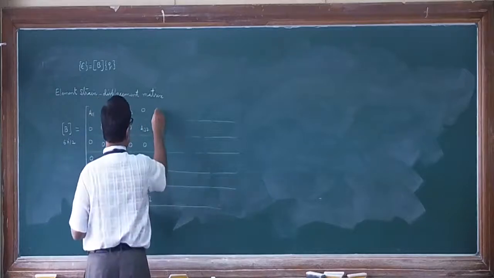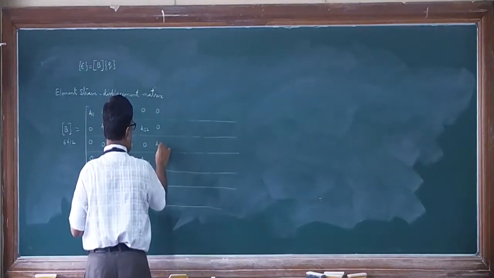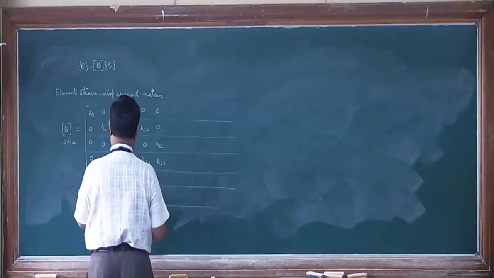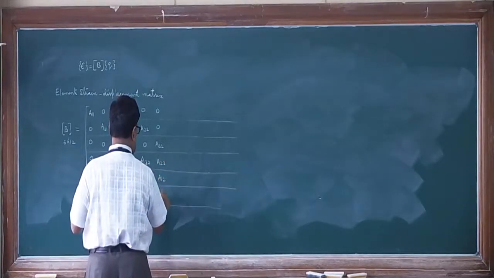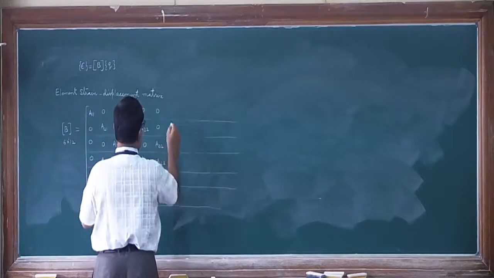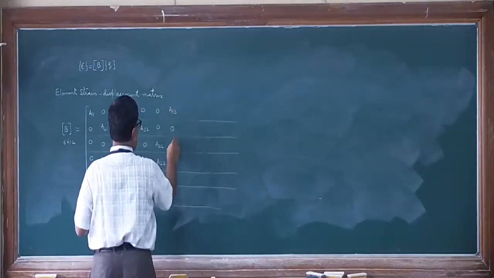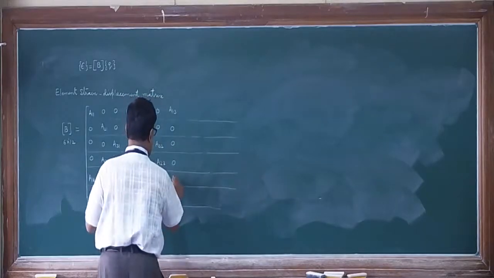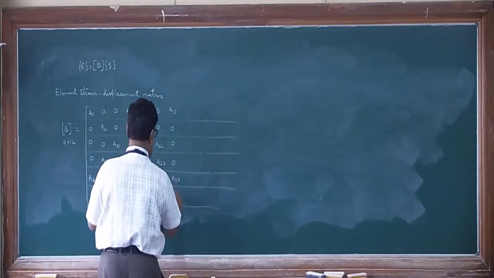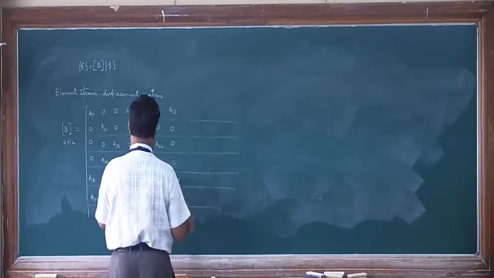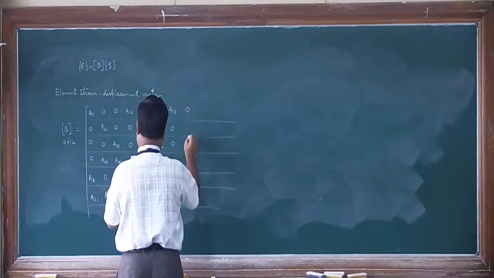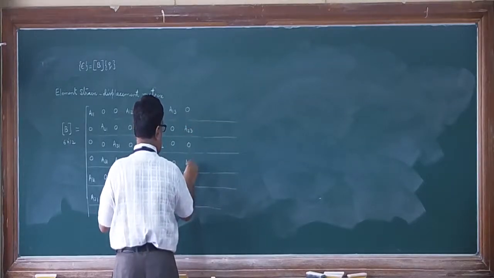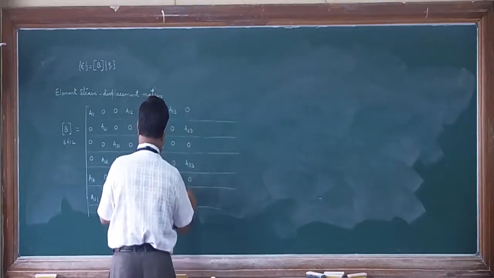0, 0, A32, A22, A12 and 0, A13, 0, 0, 0, A33, A23, 0, A23, 0, A33 here, then 0, A13.